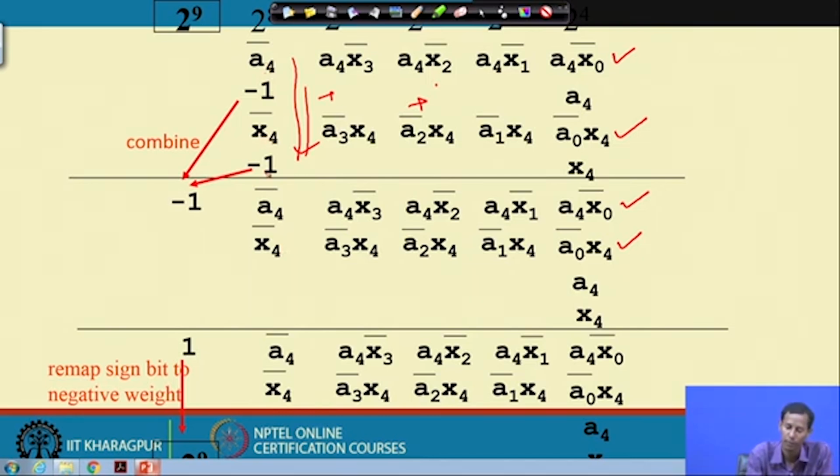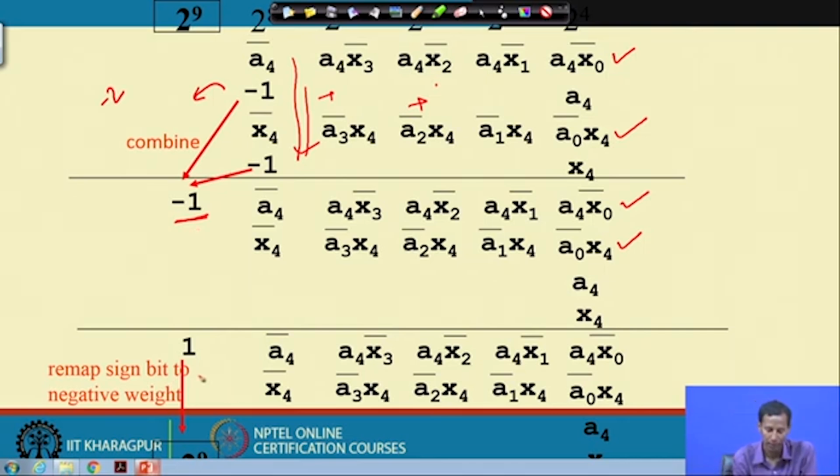So, minus 1 and minus 1 will give me minus 2. Again, minus 2 means what? It means that particular bit will shift to the next MSB side. Okay. So, then this minus 1 will come at this particular 2 to the power 9 position.